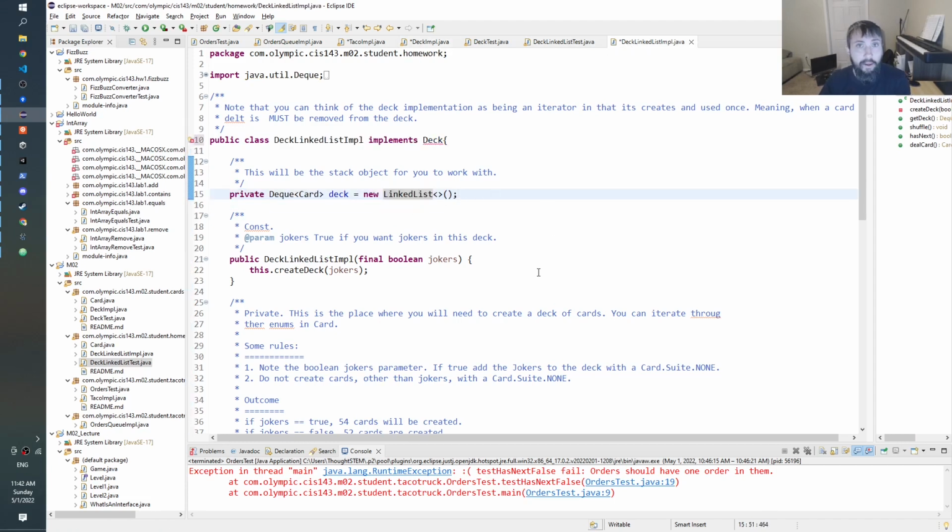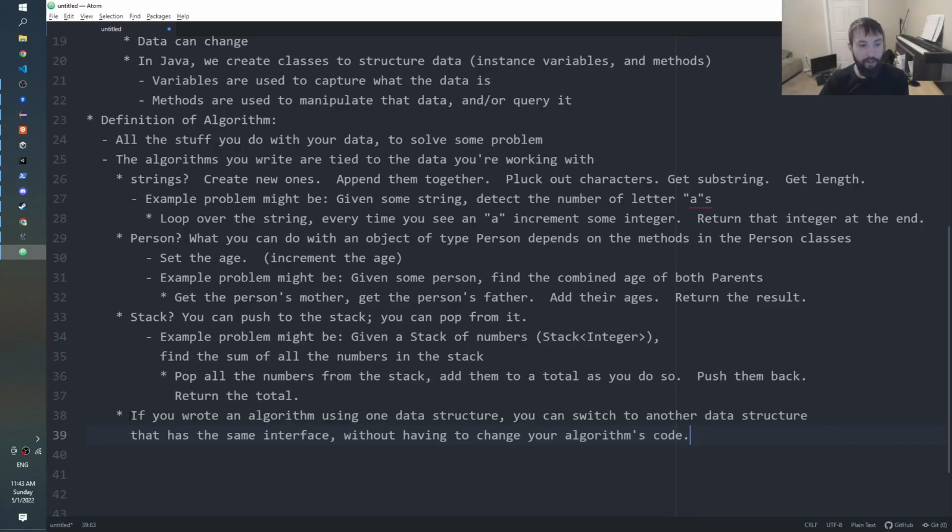It's okay. You can just make the change under the hood, and everything above the hood, all the algorithms written using that interface, they stay the same. They don't need to care what's happening underneath the hood.